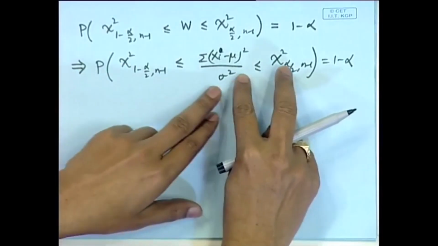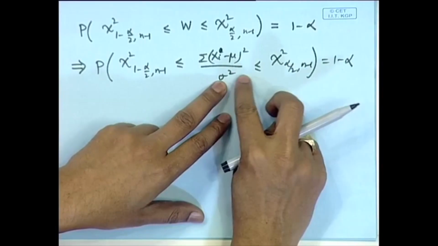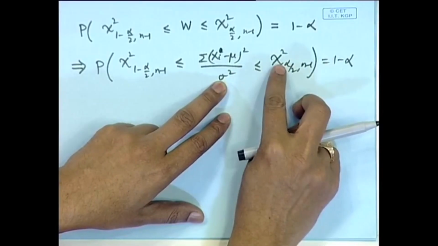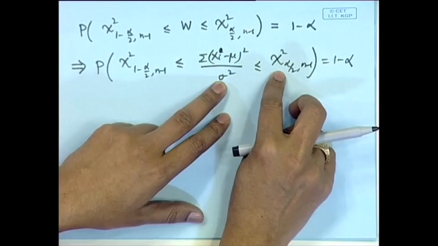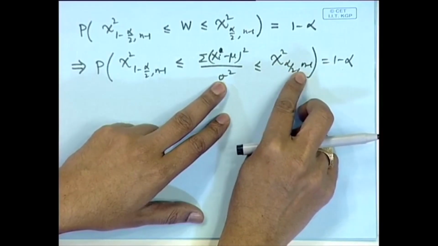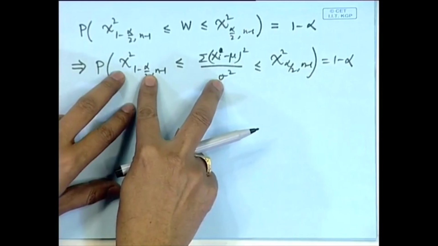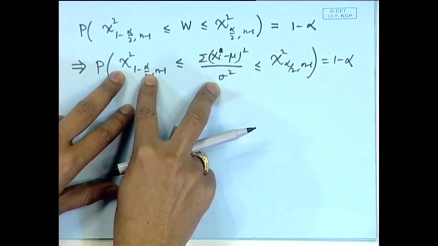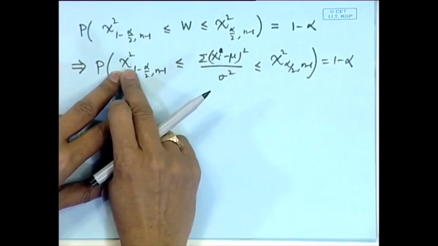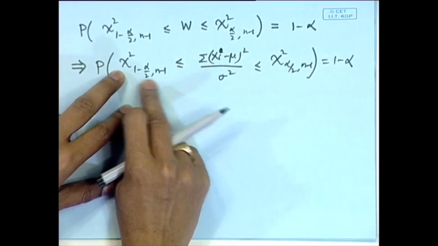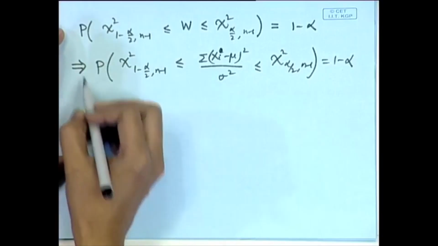This is equivalent to sigma square greater than or equal to the sum of (x_i minus mu) whole square divided by chi square alpha by 2, n minus 1. The left hand inequality is equivalent to sigma square less than or equal to the sum of (x_i minus mu) whole square divided by chi square 1 minus alpha by 2, n minus 1.